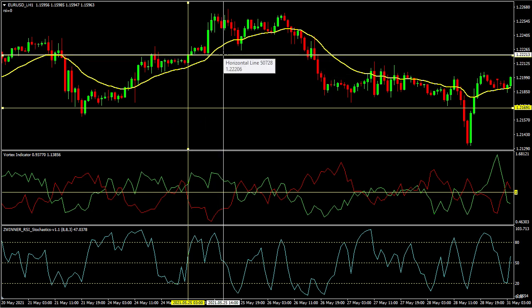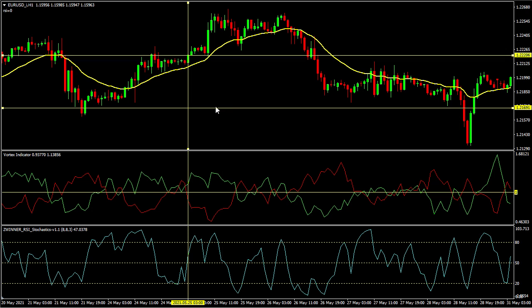Now what are you risking? You are risking about 51 pips, so you are looking for 102 pips according to the 1:2 risk to reward ratio.